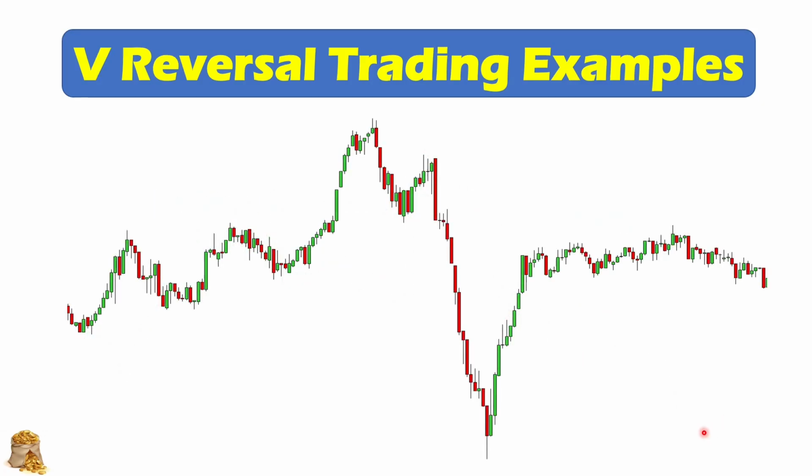For this chart, we can see it is a V reversal. This is the previous minor high here, and then we enter at the pullback. Even though there's no bear bar here, this bull bar with a big tail at the top is the pullback. We can enter here. However, you can see the market doesn't go very far, and then it goes back to a trading range.